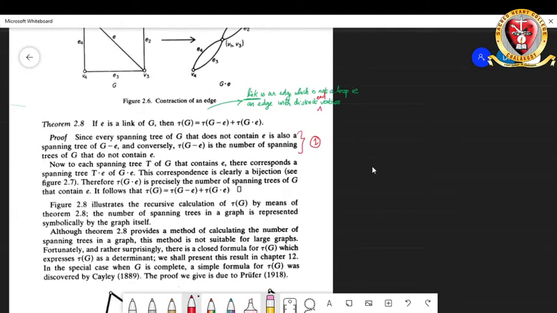So in total, we end up with a result. How did we do it?